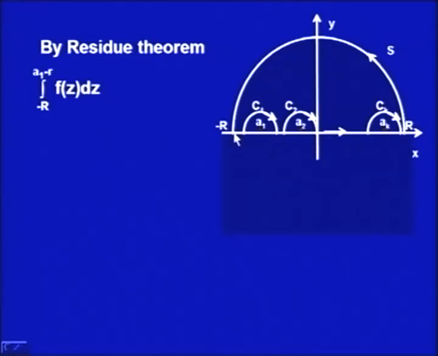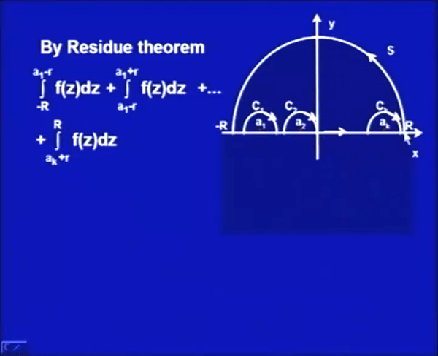So, first I would take this integral from minus R to A1 minus r of f(z) dz, then from A1 minus r to A1 plus r, then A1 plus r to A2 minus r, and so on until we have A_k plus r to R. Then this integral along this bigger semicircle S of f(z) dz.